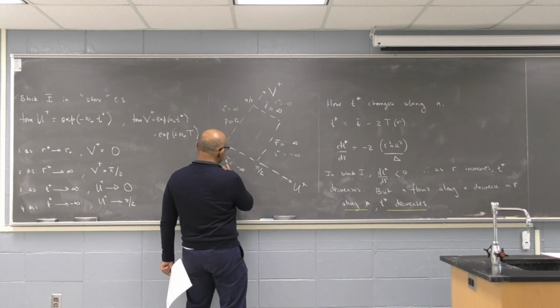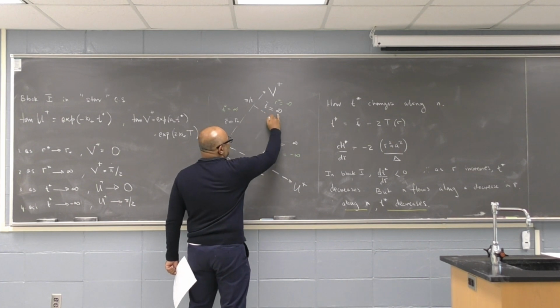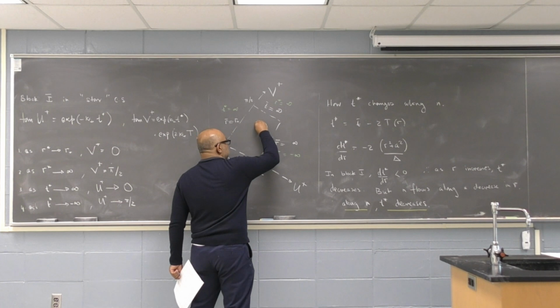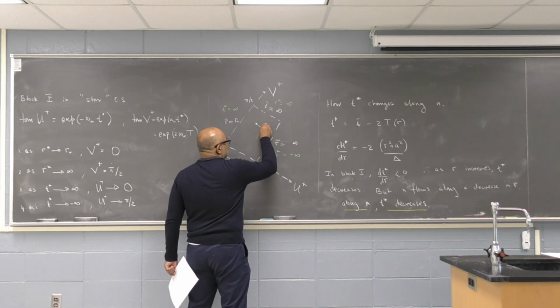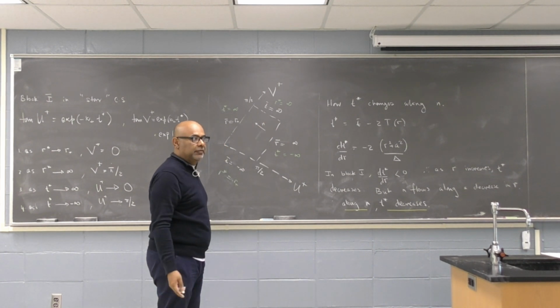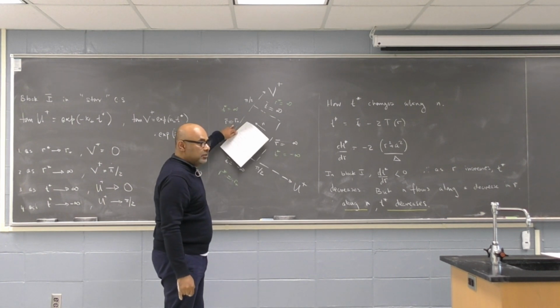So this is t bar equals minus infinity, this is t bar equals plus infinity. So t bar has to be constant. So in this diagram, N must point in this direction. Clear? The infalling geodesic points in this direction.